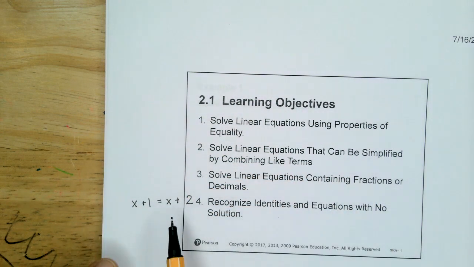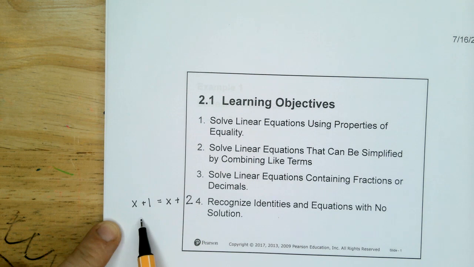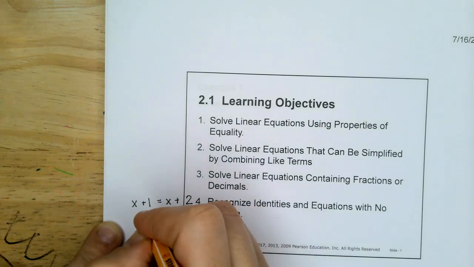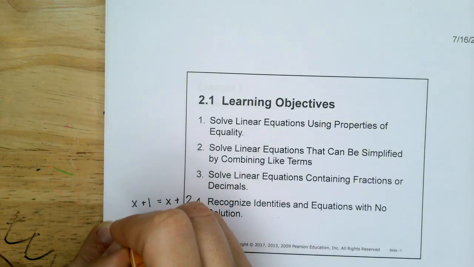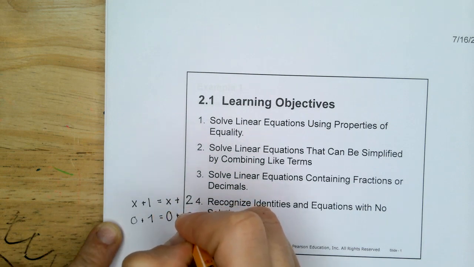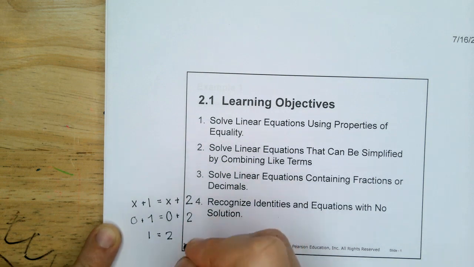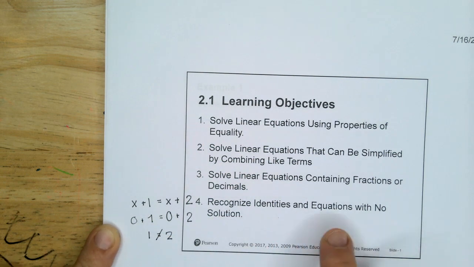There is no number that I can substitute for x that will give me a solution where 1 equals 2, where this side equals this side. For example, if I put in 0 for x, 0 plus 1 is 1. But then I have to put in 0 for this side. 0 plus 2 is 2. And we would have to say 1 equals 2, which is not true. So that's what we mean by no solution.